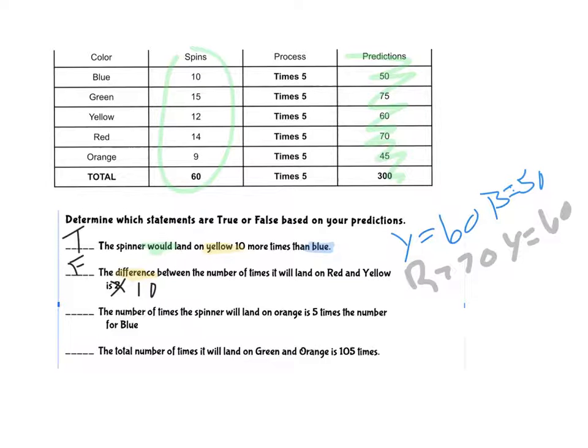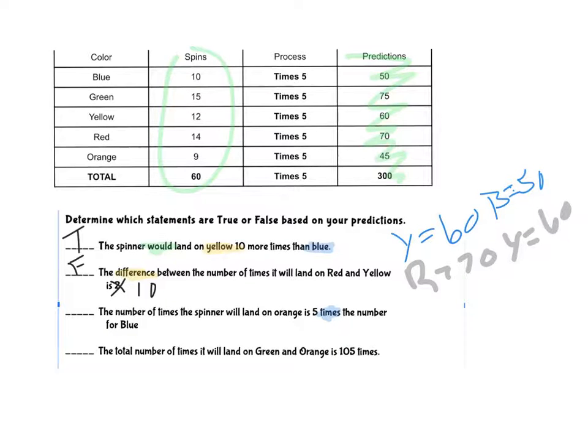Alright, so let's look at the third statement. The number of times the spinner will land on orange is 5 times the number for blue. Again, vocabulary here is going to be big, and this phrase, 5 times the number for blue, is important.